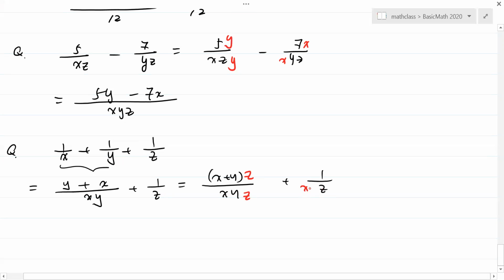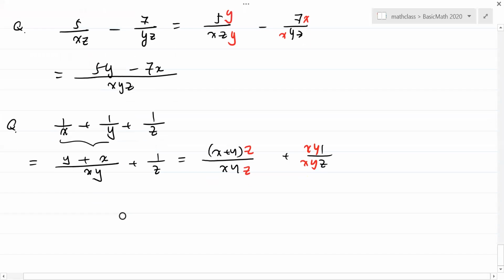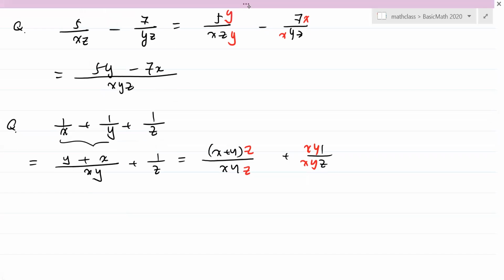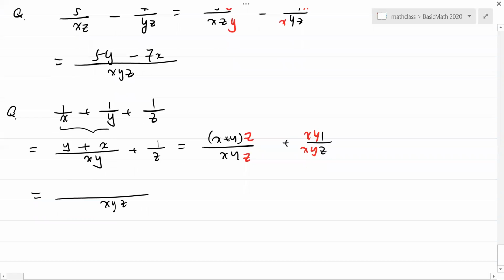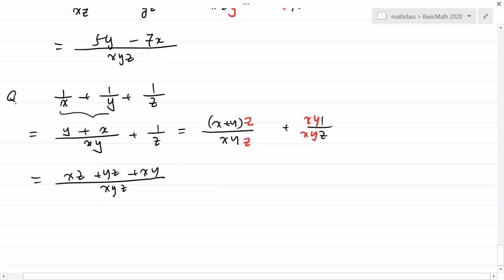But here I have to put xy. Then I have xyz in the denominator. Then I multiply this out. The numerator is going to be x times z is xz, y times z is yz, and here x times y. Add them together.